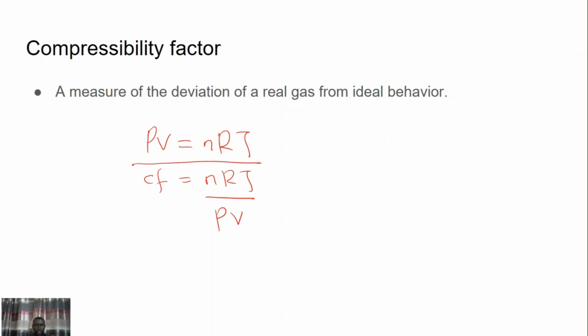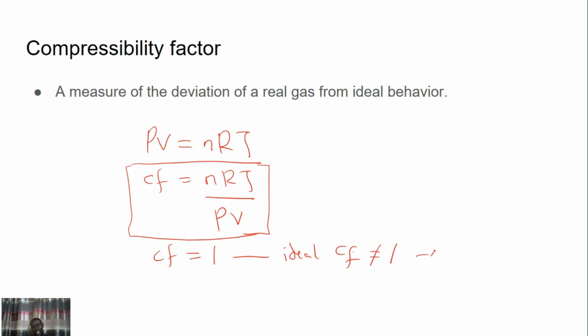This compressibility factor is usually used to predict how close a gas's behavior is to the ideal gas. When the compressibility factor is 1, it is an ideal gas. If the compressibility factor is not equal to 1, it means this is not an ideal gas.